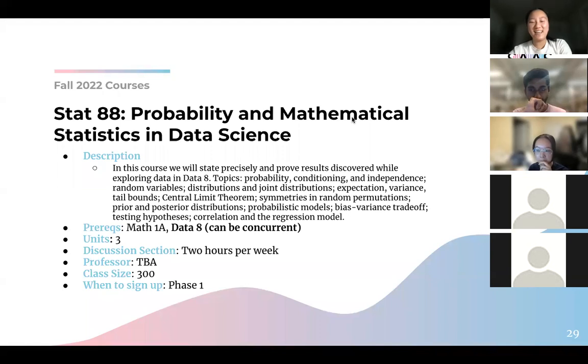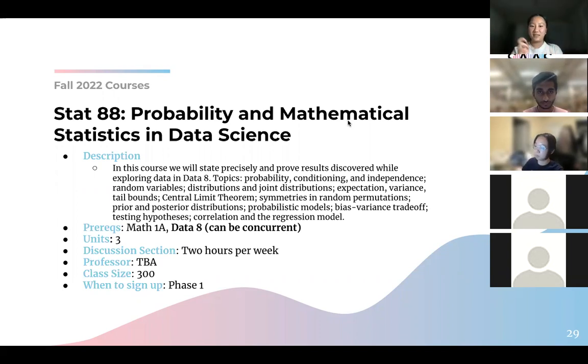For Stat 88, this is a class that people will usually take instead of Stat 20, a lot of the times I've seen. It's probability and mathematical statistics and data science. It's technically a connector course to Data 8. All of these 88 classes are connector courses to Data 8, so there'll even be ones like Demography 88 or Physics 88.